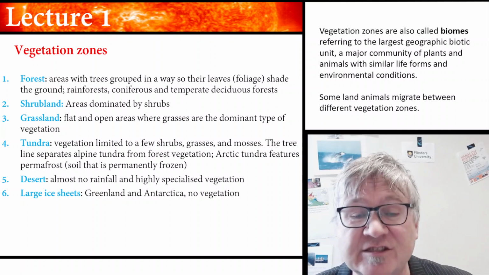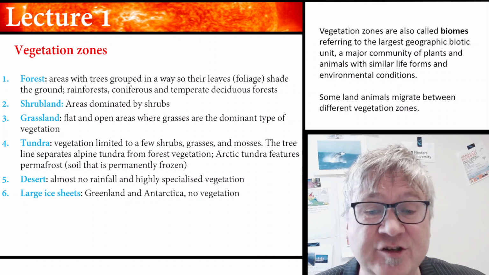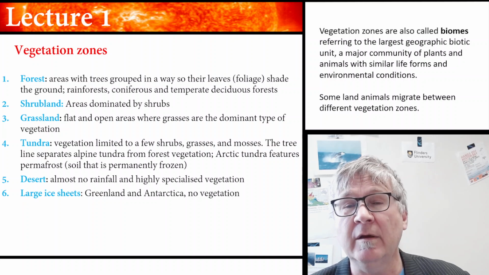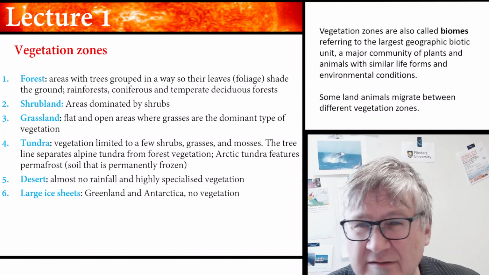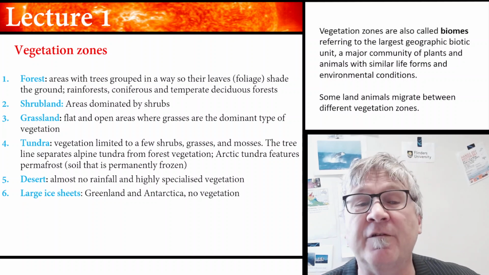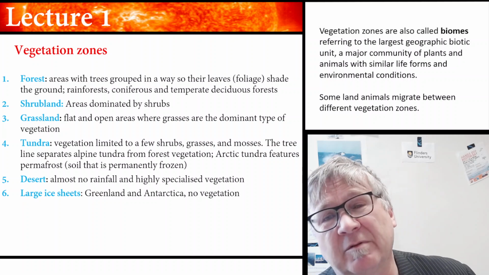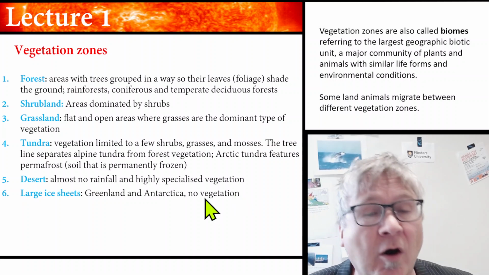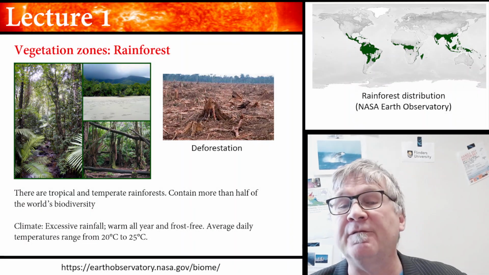We have large ice sheets like the Greenland and Antarctica ice sheets, no vegetation at all. Okay, and I decided to just do a little brief summary of these different vegetation zones, just showing you some pictures. I think you should have done that at school, but anyway, just to give you an idea of the different zones and where you can find these zones.